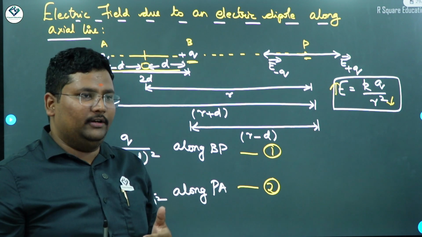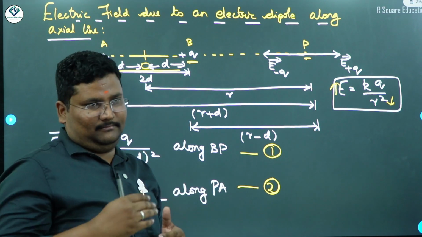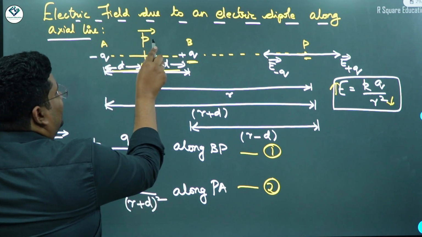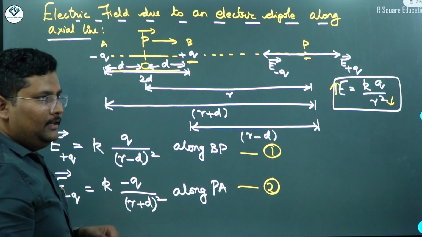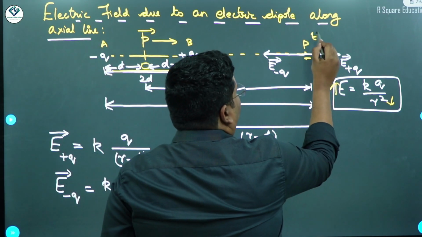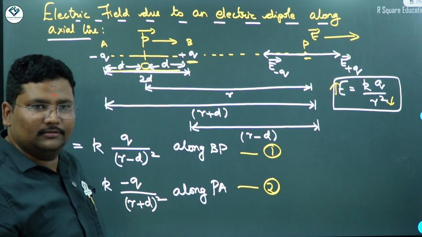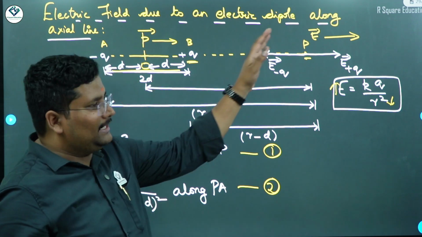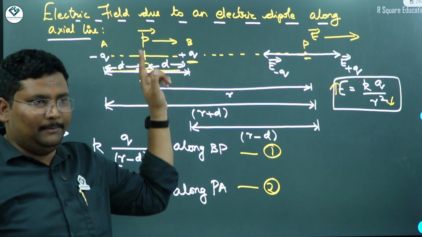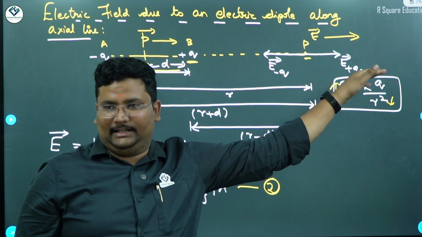Our final value of electric field will always be along the direction in which the magnitude is greater. Likewise, what is the direction of the dipole moment here? Negative to positive. So is its direction and the direction of the net electric field the same? Yes or no? Yes. That is why the net electric field is going to be positive. Understood? The dipole moment's direction and the electric field direction are along the same direction.